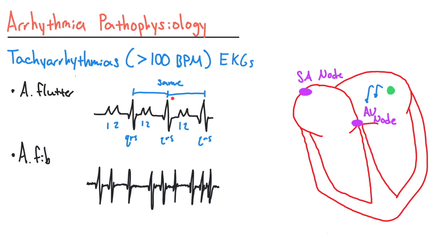So we have equal R to R intervals, we have narrow QRS complexes. This goes back to our EKG basics videos. If we do have cardiac conduction that is going through its normal phases, it will go through the AV node equally through the left and right bundle branches down to depolarize the rest of the ventricles.